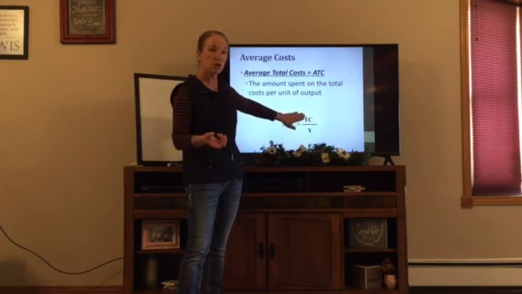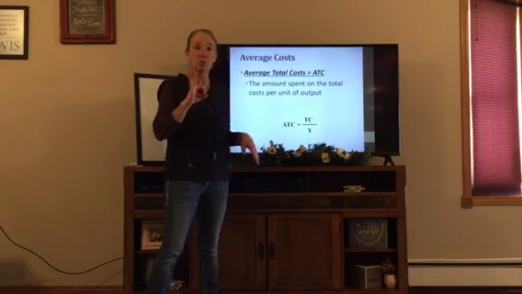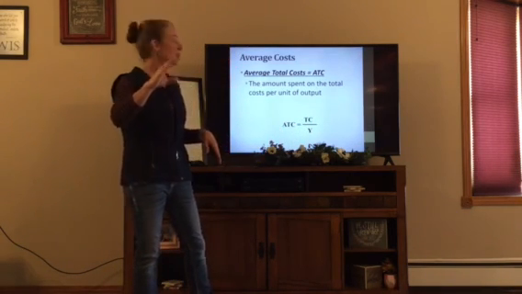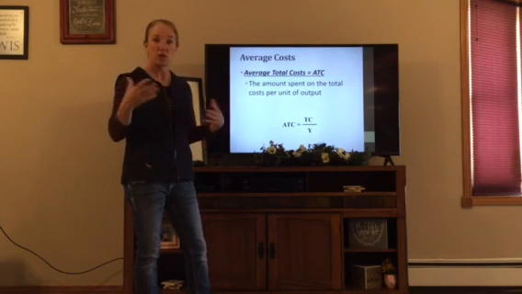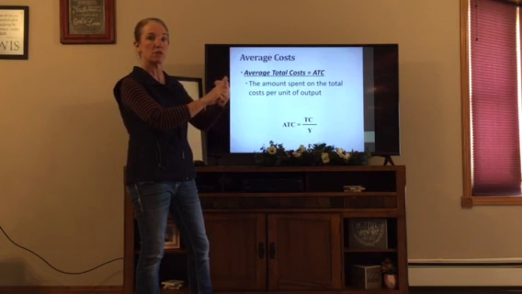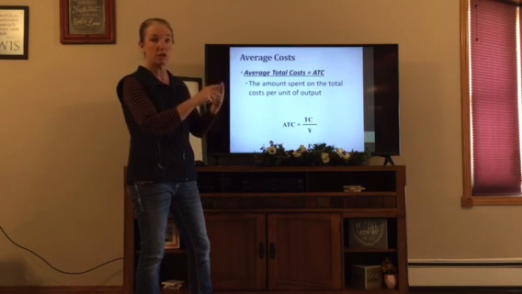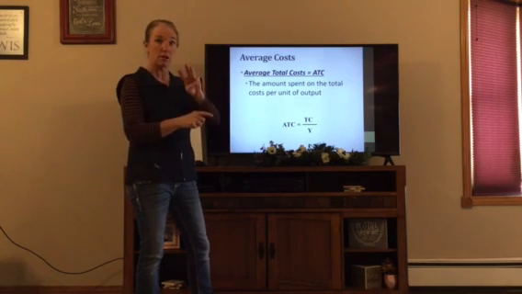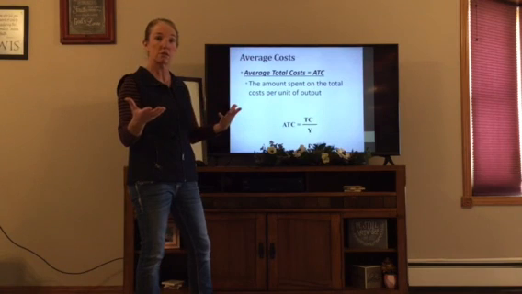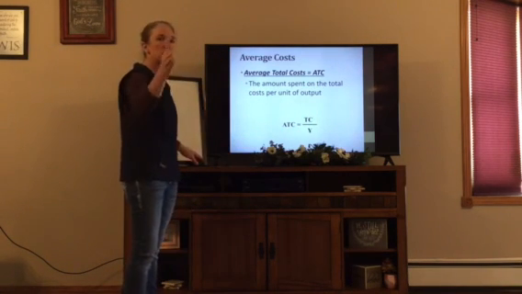So $600 in total cost divided by 200 bushels is $3 per bushel in total costs. Now, we could do that another way too. We already said that there was $1 per bushel in fixed costs and $2 per bushel in variable costs. If we add those two together, we know that there's $3 per bushel in total costs. Those are simply our averages, the ones where we want to know how much it is per unit of output.